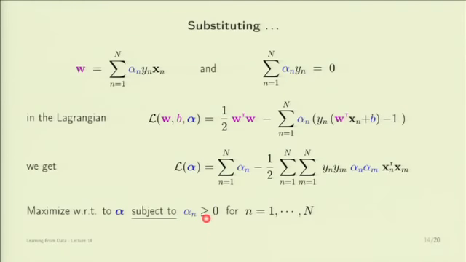This is a KKT condition. I have to look for solutions under these conditions, and I also have to consider the conditions that I inherited from the first stage. So I have to satisfy this, and I have to satisfy this, for the solution to be valid. This one is a constraint over the alphas, and therefore I have to take it as a constraint here.